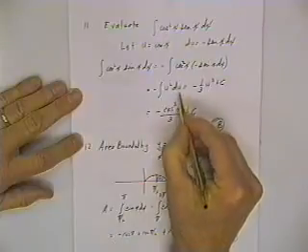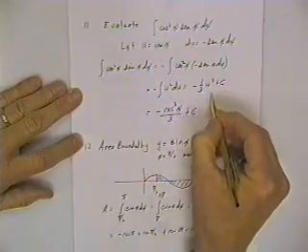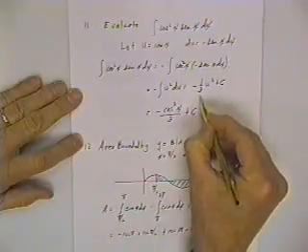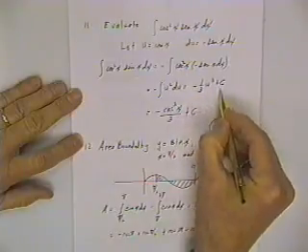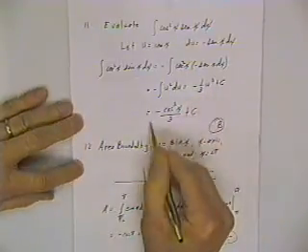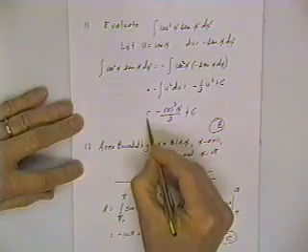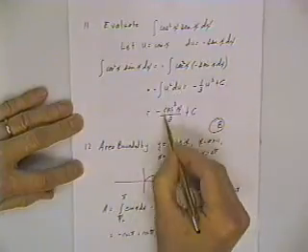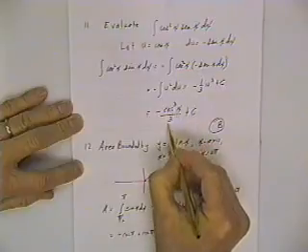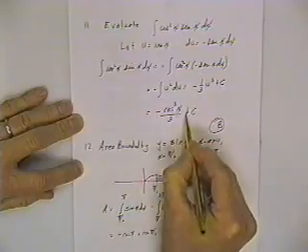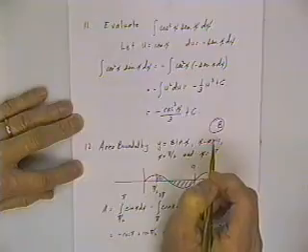Well, even Aggie profs in mechanical engineering can integrate that one. It's minus 1/3 u to the third power plus a constant. And we end up with the integral, substituting back, minus cosine cubed of x over 3 plus an arbitrary constant.